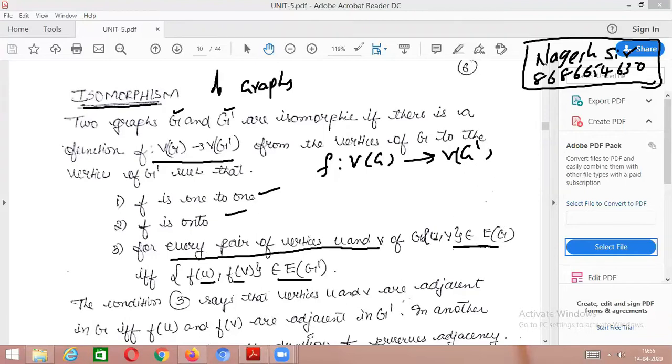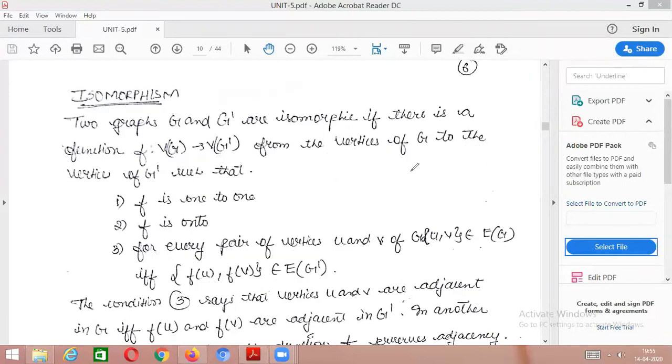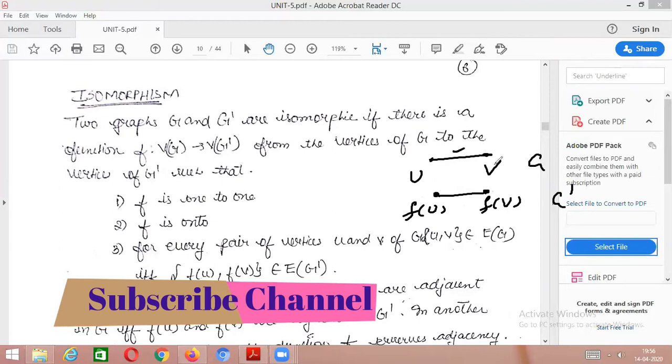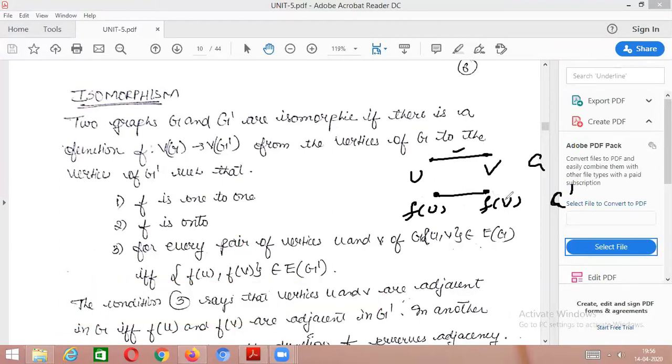That means, for example, u and v are two vertices in the graph G. If u v has an edge in G, then f of u and f of v, which are vertices in G dash, also have an edge.